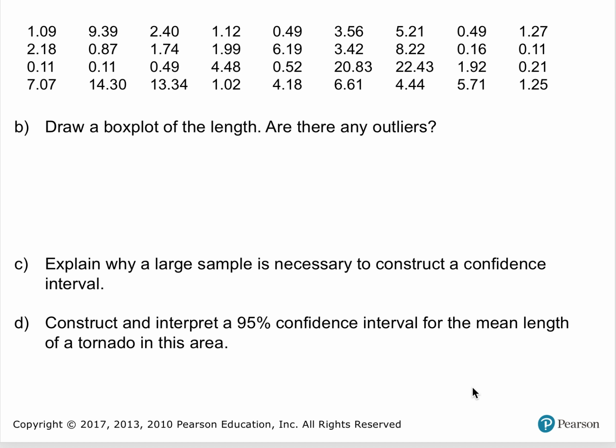Okay, draw a box plot of the length. Are there any outliers? Now, once again, I'm going to let my calculator do this time. We already physically did one a while ago to refresh our memory on that. Let's let our calculator do it. We need to go back and enter this data now.